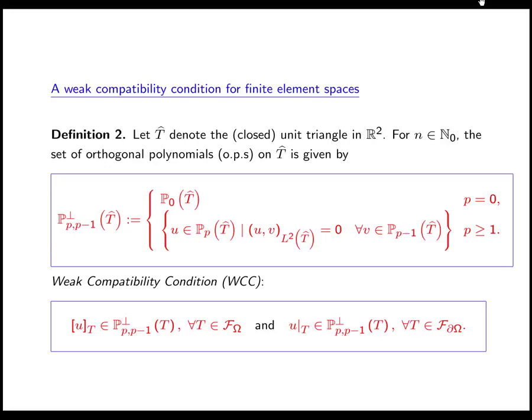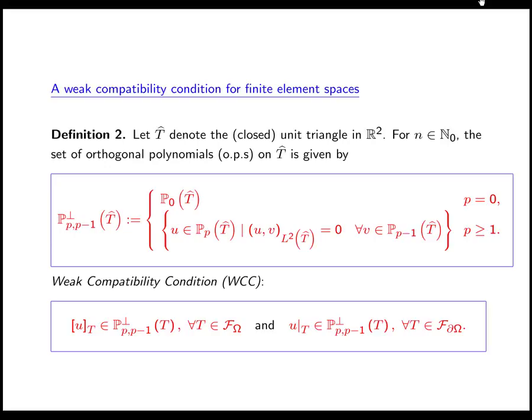So these are polynomials of degree p, which are orthogonal on all the polynomials of degree p minus 1. Here on the reference triangle, so this is a notation for them, and here it is explained. The L2 scalar product on the triangle should be 0 for all the polynomials which are 1 degree less.